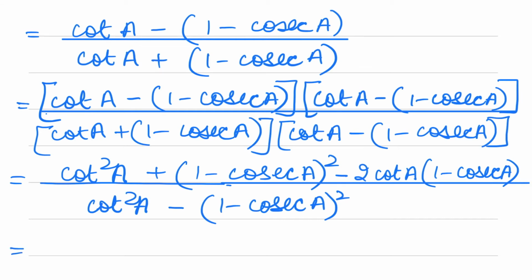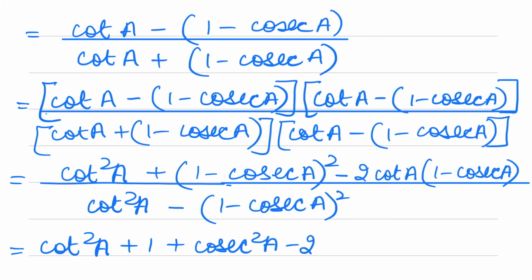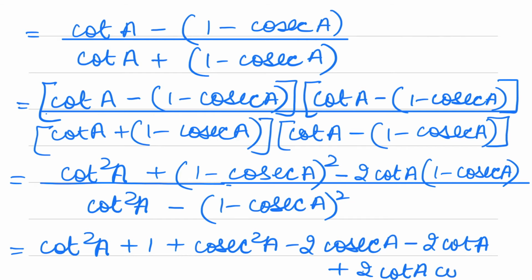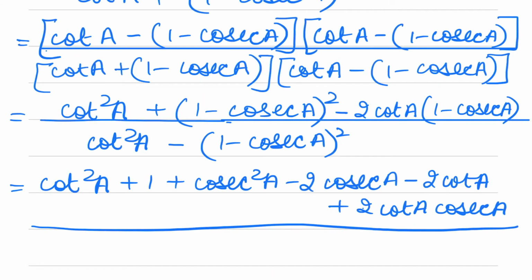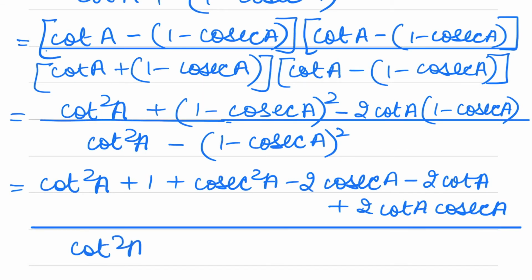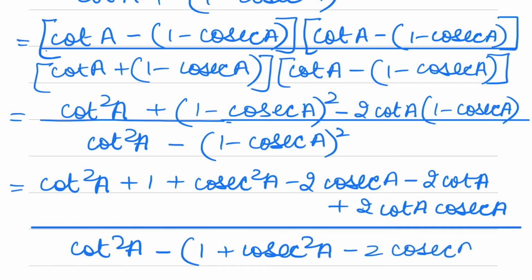Now I can open the brackets for this, so I have cot square a plus 1 plus cosec square a minus 2 cosec a minus 2 cot a and plus 2 cot a cosec a, divided by cot square a minus 1 plus cosec square a minus 2 cosec a.